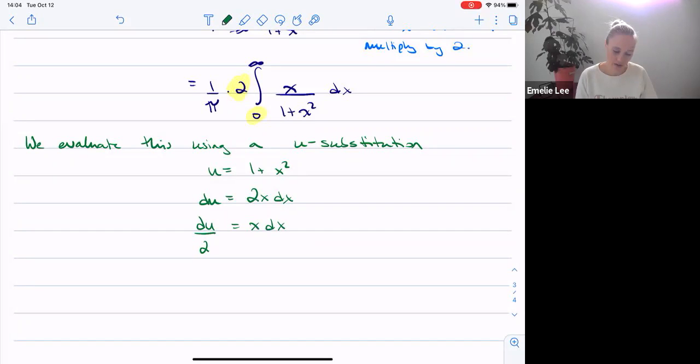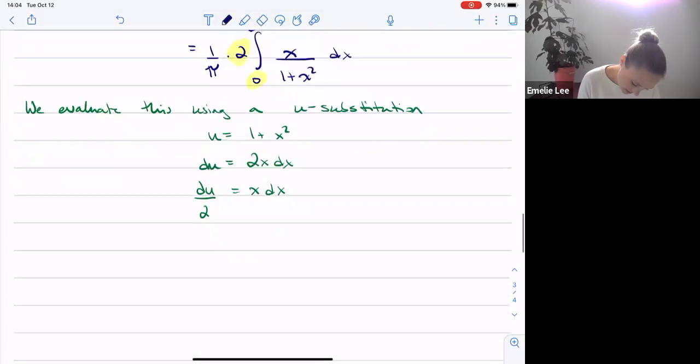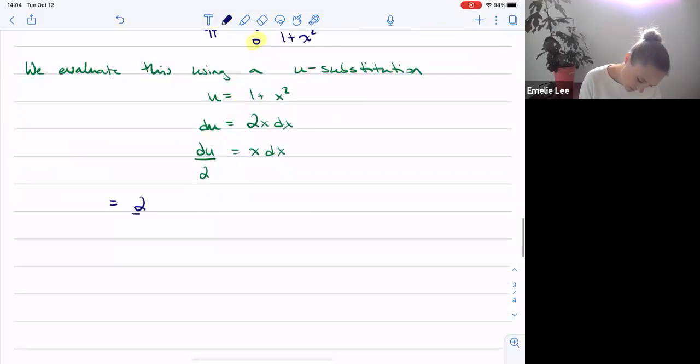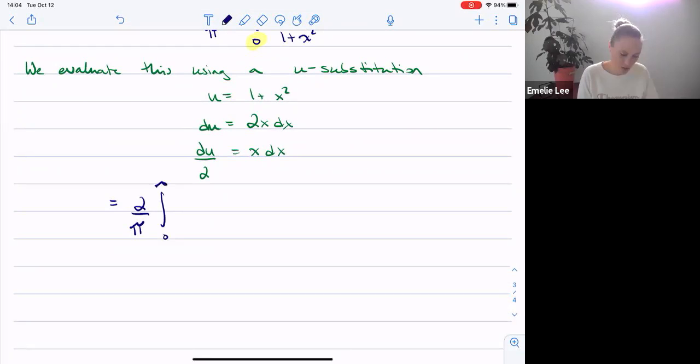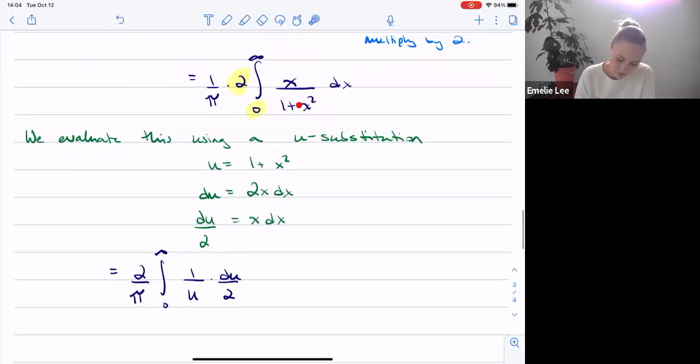Back to the integral then, it becomes 2 over pi times the integral from 0 to infinity of 1 over u times du over 2, replacing that 1 plus x squared. I've split it up and pushed the x over to the side.